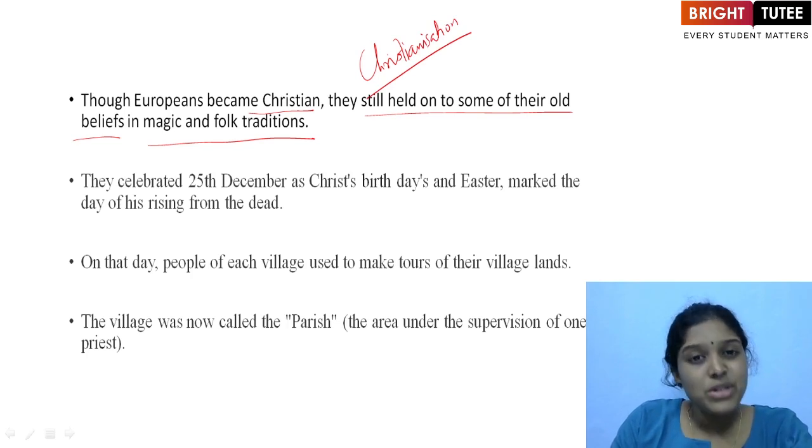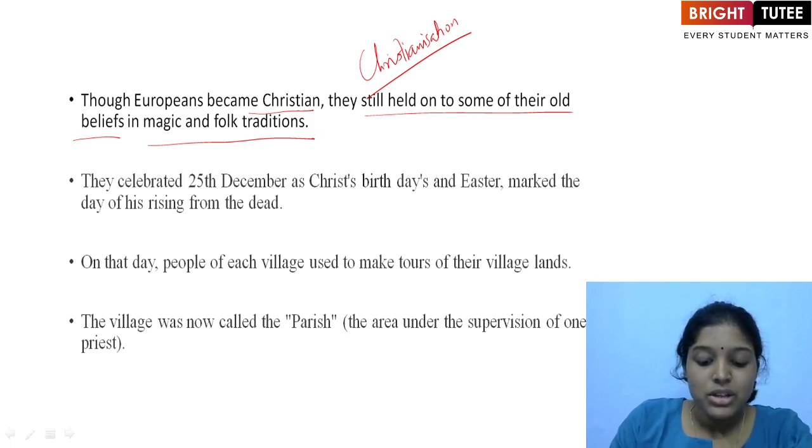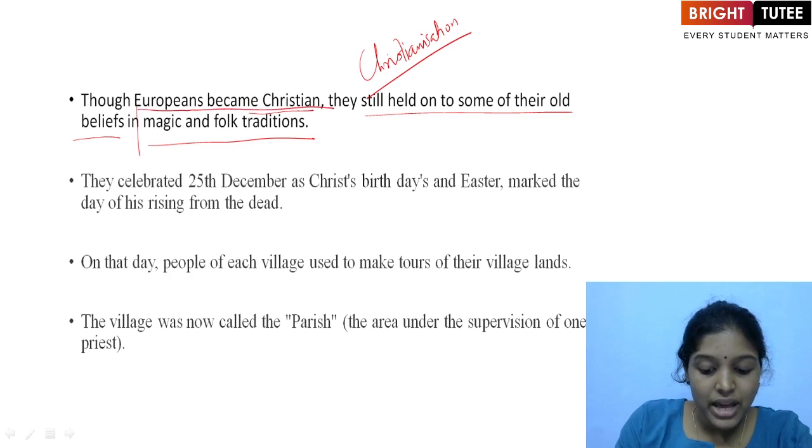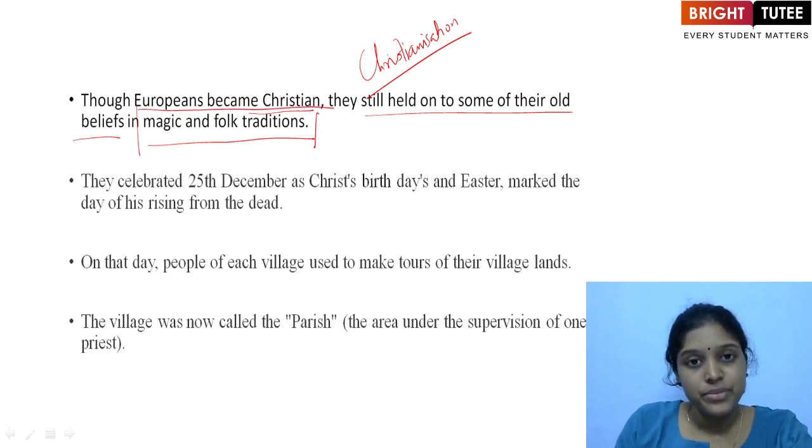So some of the tribal groups had their own beliefs and other customs. They were not Christians before the 3rd or 4th century. So it is only later that they turn towards Christianity. But very interestingly, the Europeans held on to some of their old beliefs and magical and folk traditions.